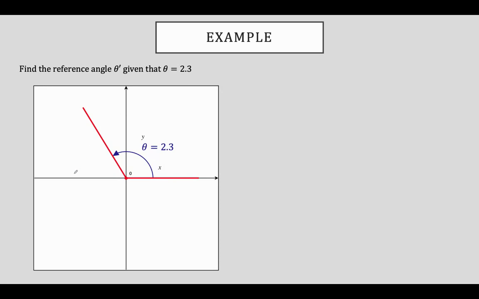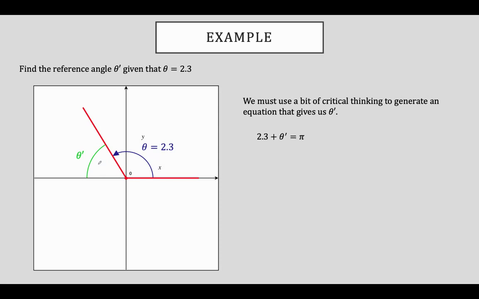That means that our reference angle would be the angle between our terminal side and the nearest x-axis. Again, to find theta prime, we have to do a little bit of critical thinking. Hopefully we recognize that taking this angle, 2.3 radians, and adding theta prime, we have to end up with pi radians total. 2.3 plus theta prime is equal to pi.